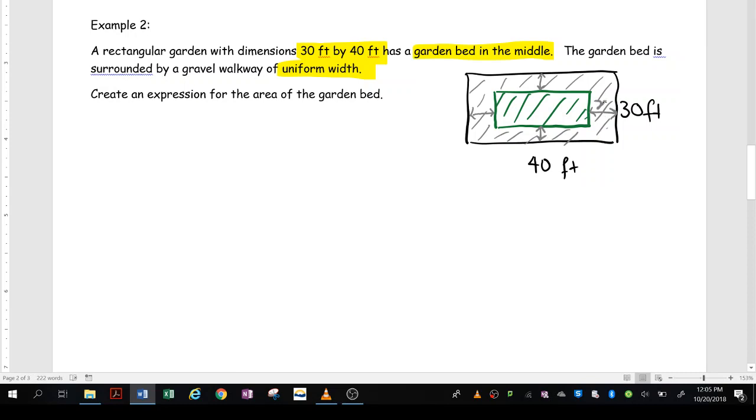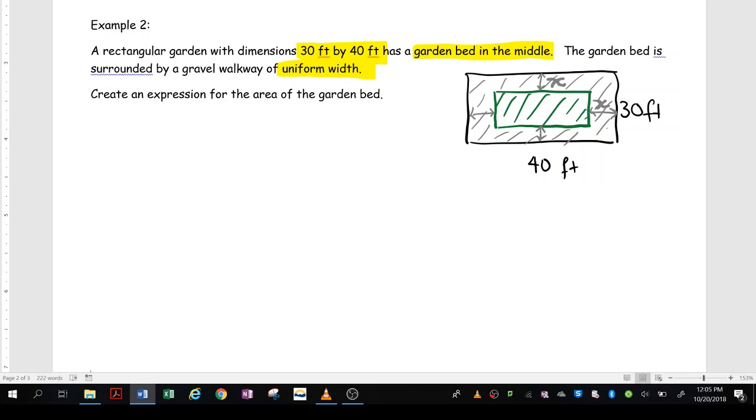So I'm going to label these x, like that. Now, the question is asking us to create an expression for the area of the garden bed. So that's this middle part here.